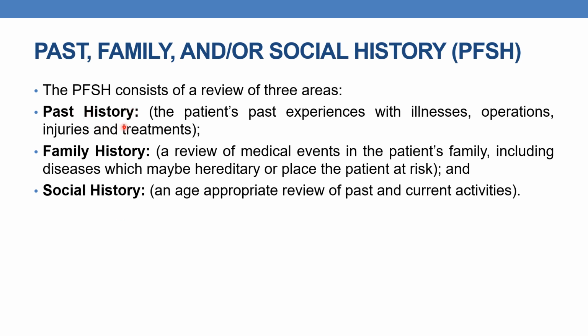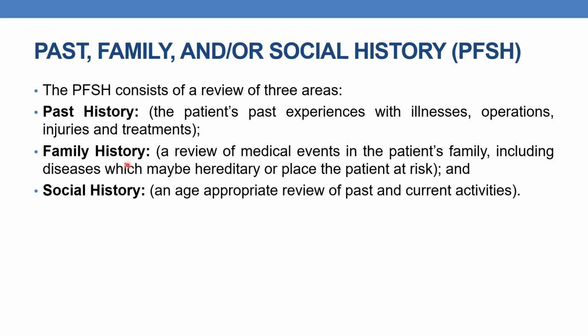What is past history? The patient's past experiences with illness, operations, injuries, or treatment govern the past history. If the patient has had any surgery, any treatment, any illness in the past, that is given in the past medical history. Next comes the family history. A review of medical events in the patient's family, including diseases which may be hereditary or which place the patient at risk.